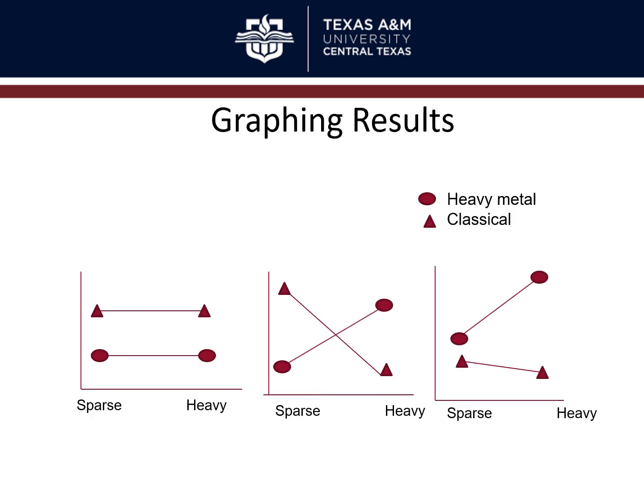Okay, a little look at graphing the results. In this example, looking at when people are driving in their car and the speed they're going, if traffic is sparse or heavy is one factor, and if the music they're listening to is heavy metal or classical music, how fast are they going? So if we look at the first graph, whenever you graph a factorial design, particularly a two-way one, you'll pick one factor to put along the bottom, of different levels.